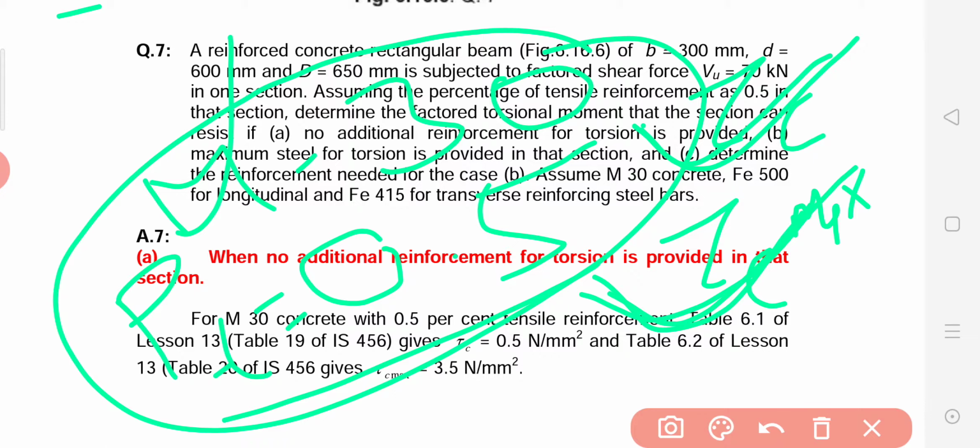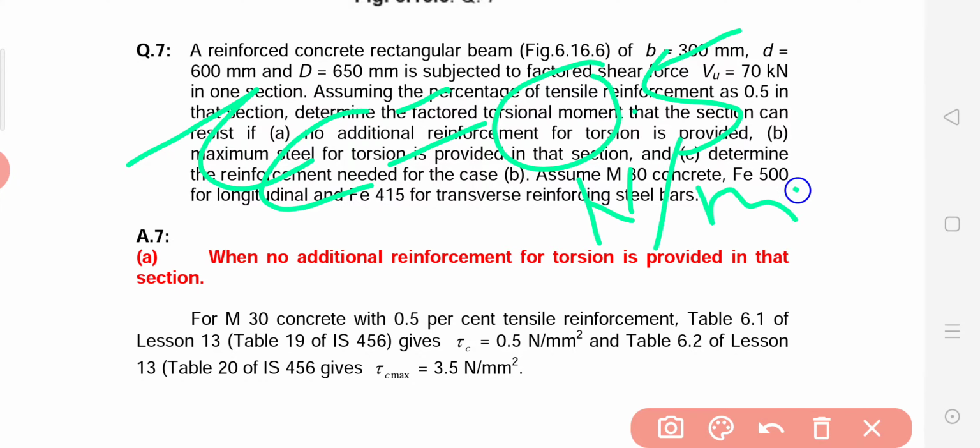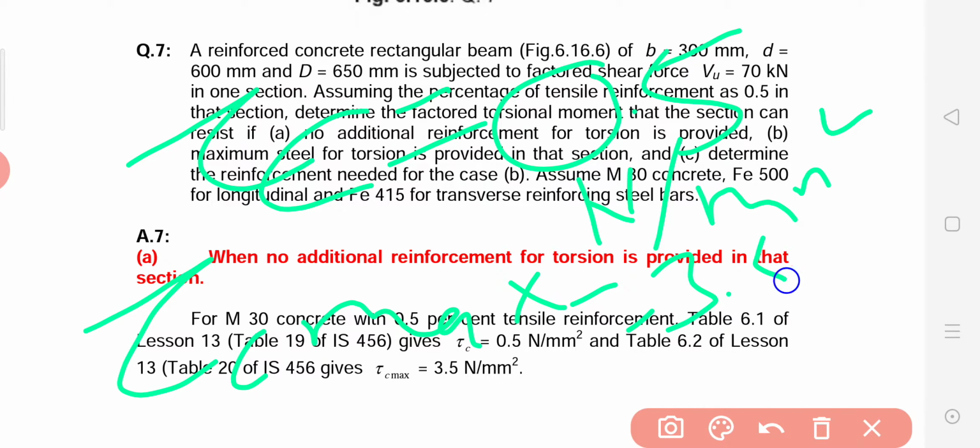Tau c from the table is 0.5 Newton per mm square, and tau c maximum is 3.5 Newton per mm square.